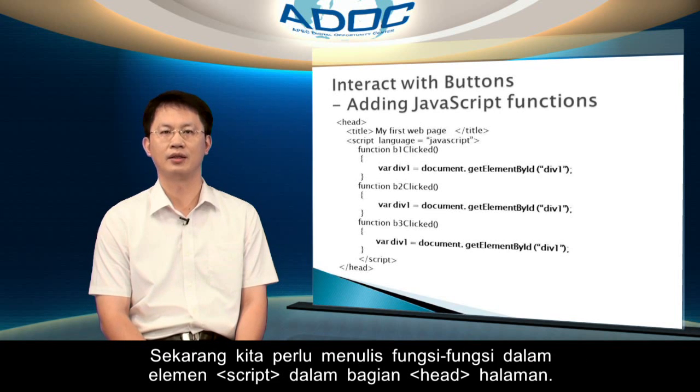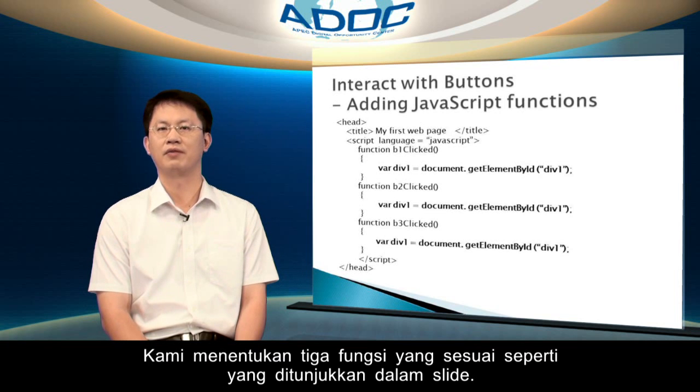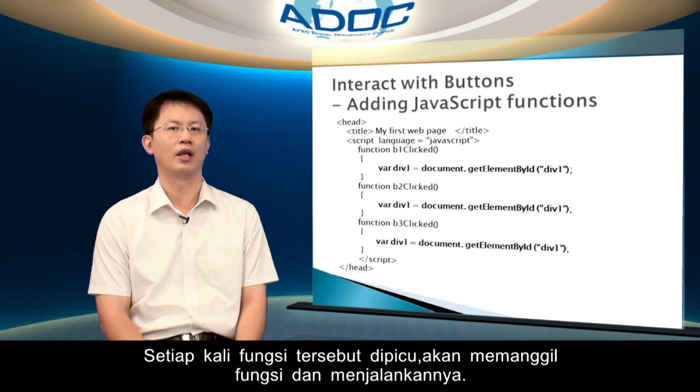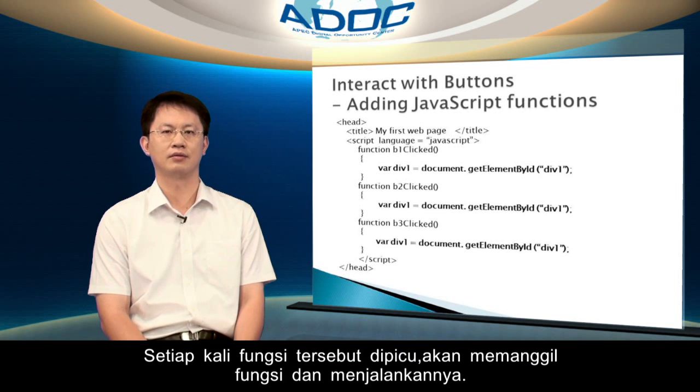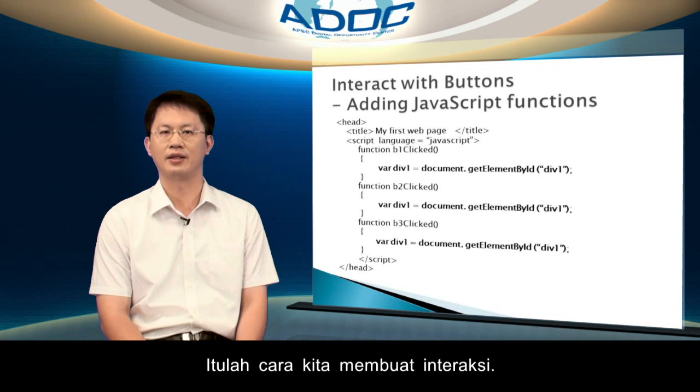Now we need to write those functions in the script element in the page's head section. We specify 3 corresponding functions as shown in the slide. Whenever the event is triggered, it will call the function and run it. That's how we create the interactions.